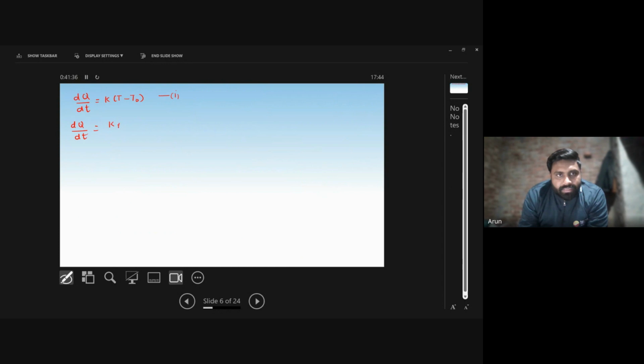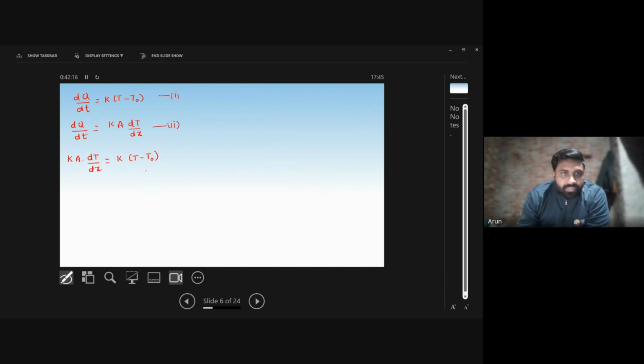This k and this k are different. So comparing them, it will become kA dT/dx equals k times (T minus T naught).